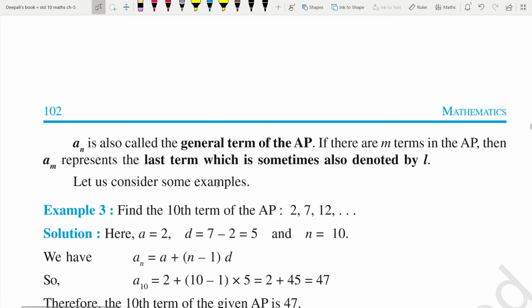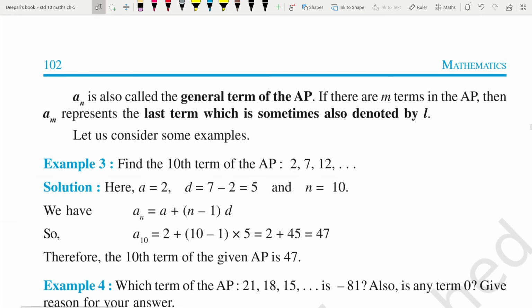An is also called the general term of AP. If there are m terms in the AP, then Am represents the last term, which is sometimes also denoted by L. Now let us consider some examples.